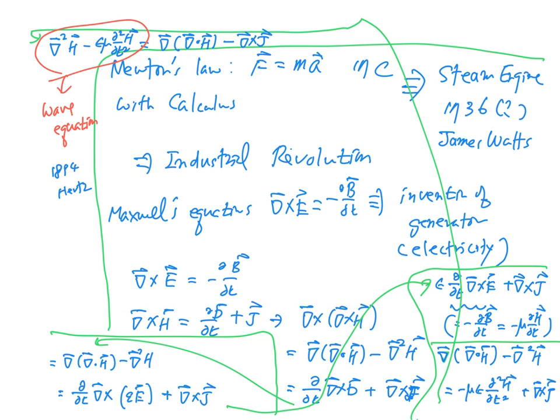But about 200 years later, Newton was around 1650, and Maxwell was around 1876. So it took us another 200 years to understand electricity and magnetism in terms of mathematics.